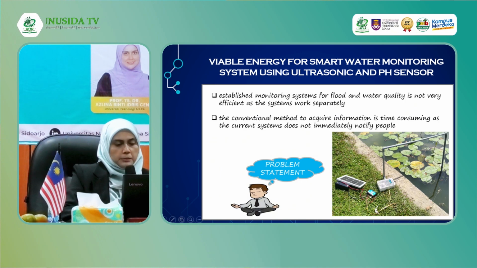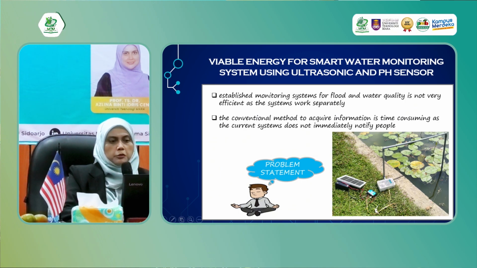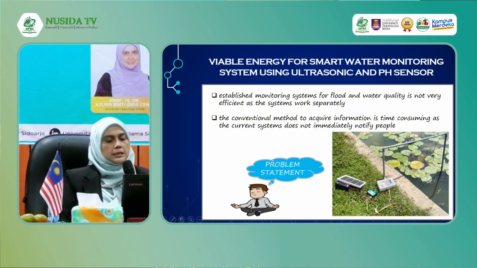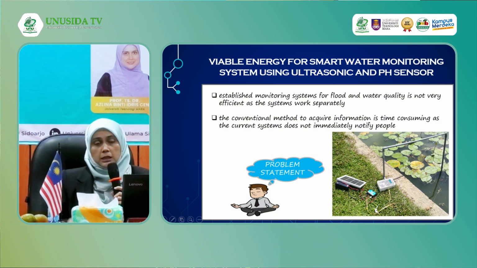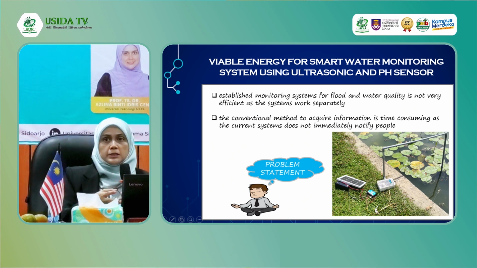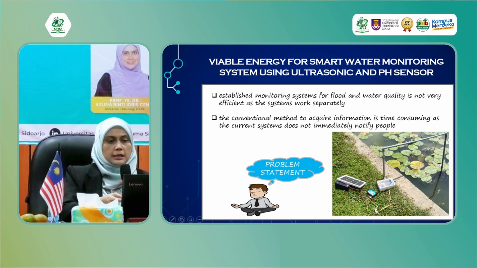Okay, so problem statement: establish modeling system for flood and water quality is not very efficient as the system works separately. So the conventional method to acquire information is time consuming as the current system does not immediately notify people. So this is the problem statement. Why did my students produce this topic? Because the main problem is, as I mentioned from this slide.